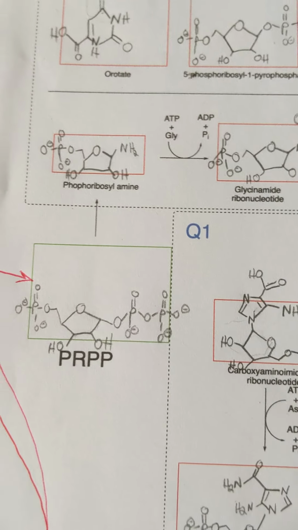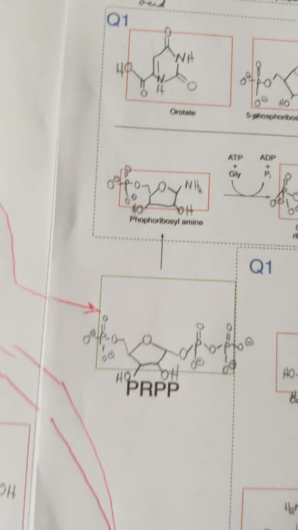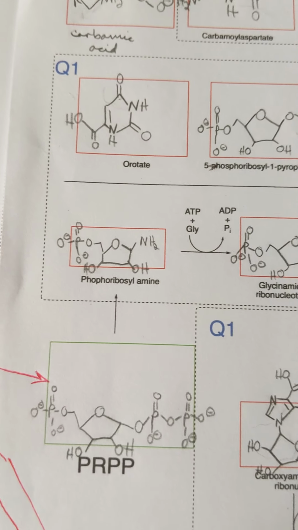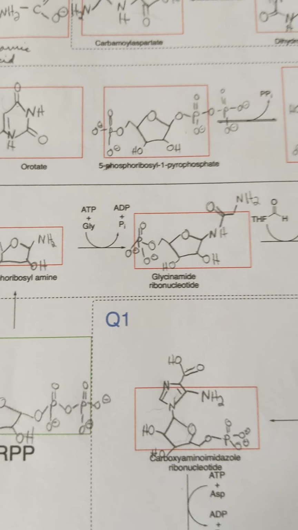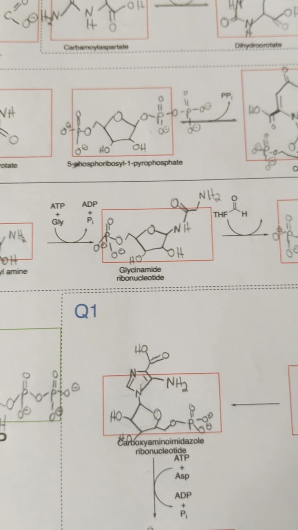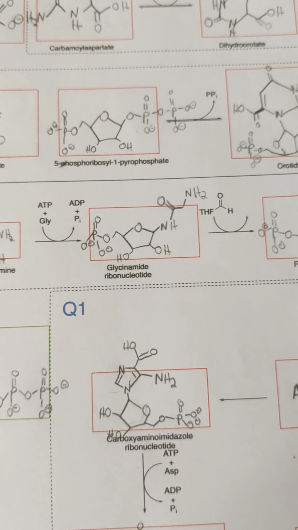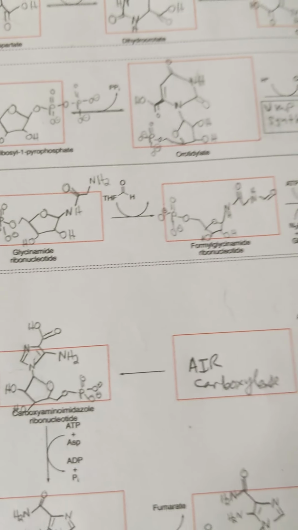And that will be reacted to become phosphoribosylamine. Add in a glycine, get rid of a phosphate, we become glycinamide ribonucleotide.